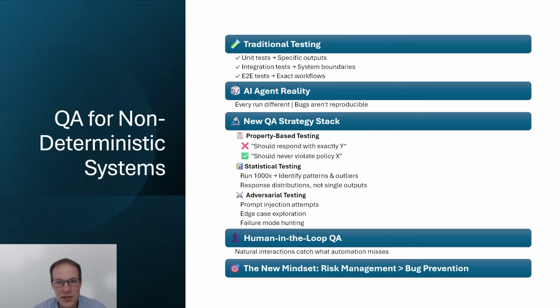With all these challenges, how do you ensure quality? QA for AI agents requires a fundamental rethinking of testing principles. Unit tests usually verify specific function outputs, which is not particularly relevant when behavior emerges from model interactions. Integration tests that check system boundaries now have to account for non-deterministic responses.